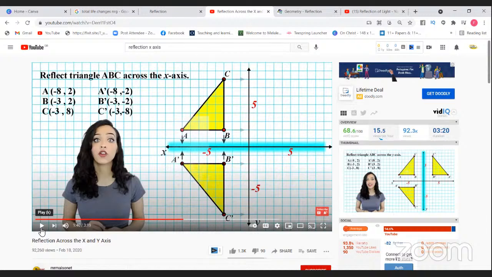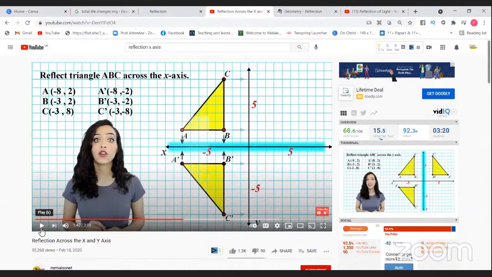So next thing that I want to ask you, from the reflection in the x-axis, can you tell me what the reflection in the y-axis is going to be? Negative. What is going to change and what is going to remain the same?